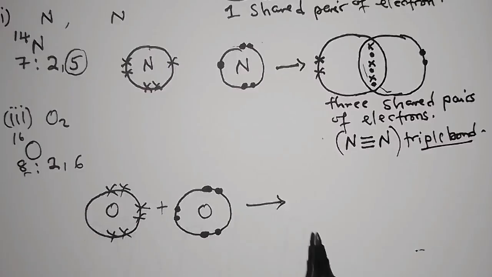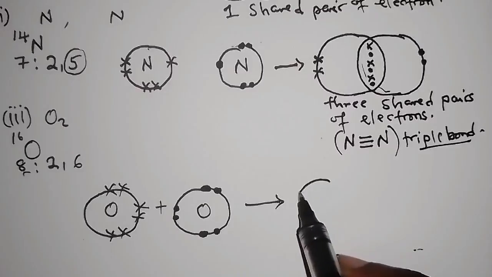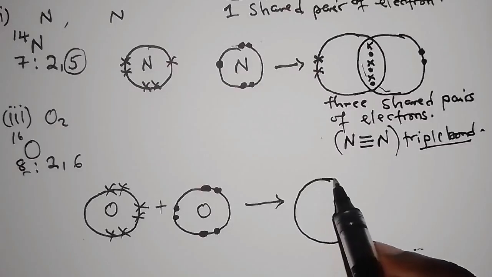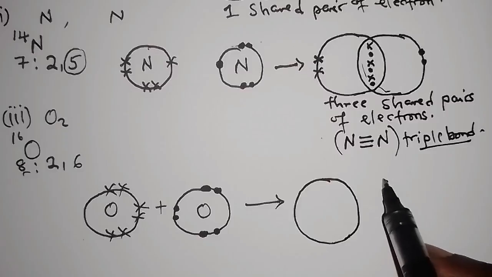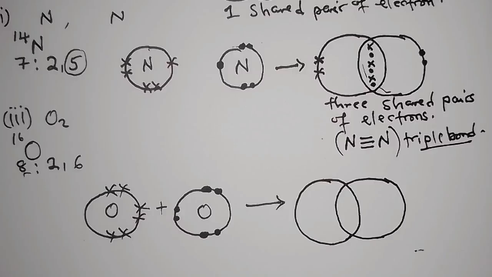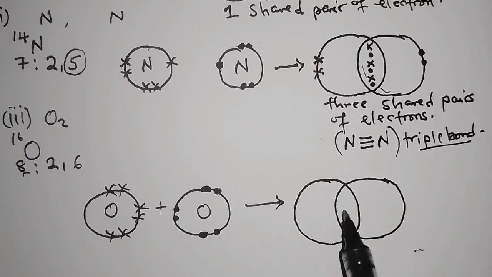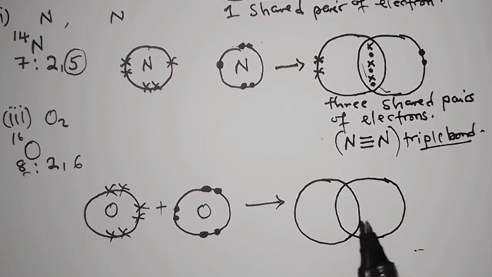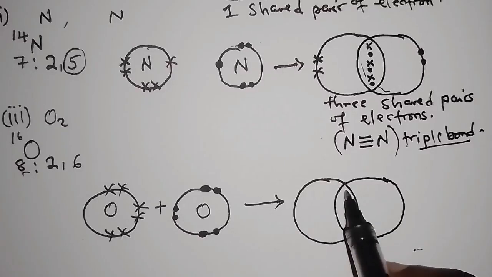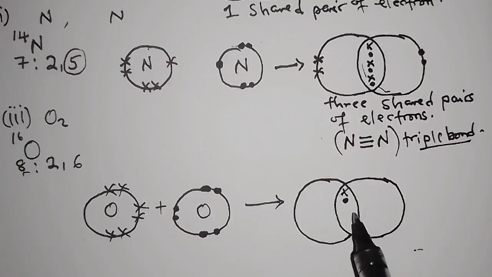So I need you to understand how the pairing is going to occur. If we move 2 of them to the middle, the star is shared with the dot, and then another star is shared with the dot.